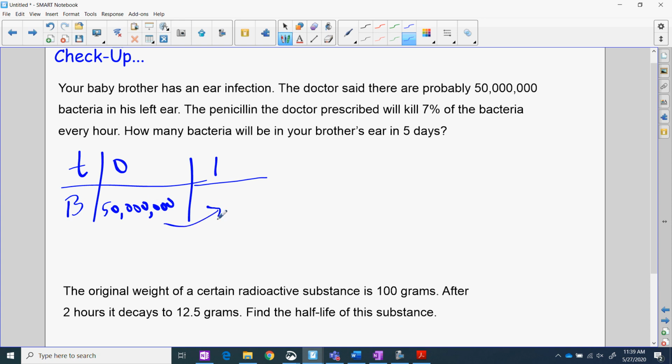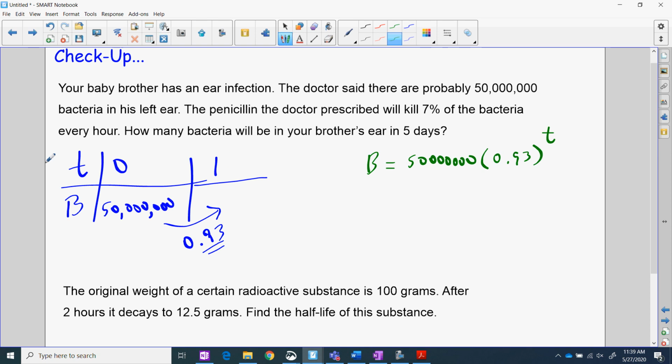So your common ratio to get the amount of bacteria in that ear 1 hour later is to multiply by 0.93, not 0.07, because that would mean only 7% is left. There's going to be 93% left. Here's our function: the bacteria in the ear equals the starting amount, common ratio 0.93. My scale is 1, so it's just to the t.